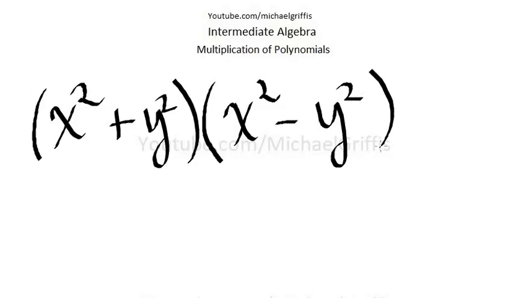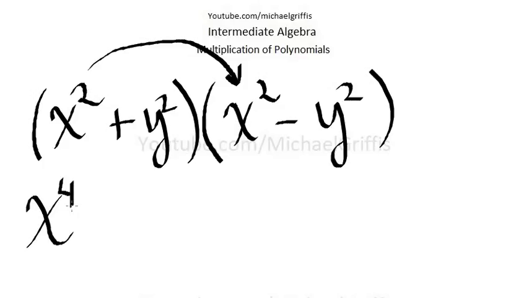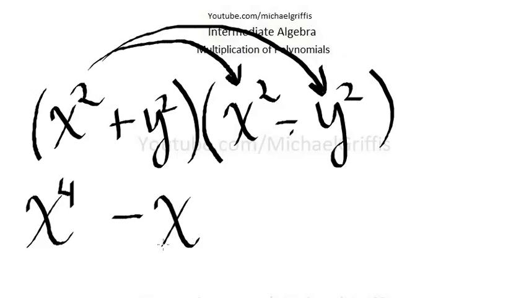So once again, your first terms, multiply them. So we have x squared times x squared. Remember, we add the exponents. So that becomes x to the fourth. X squared times y squared, but we got this minus sign, so that's going to be minus x squared times y squared.